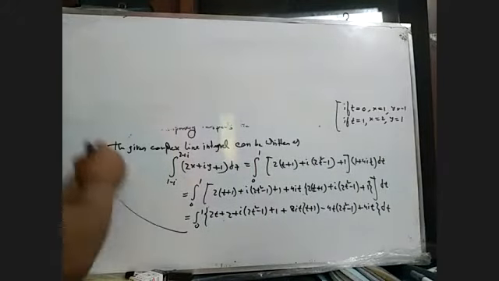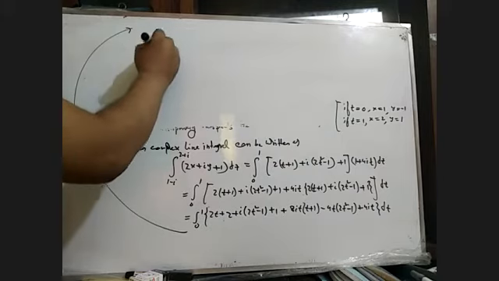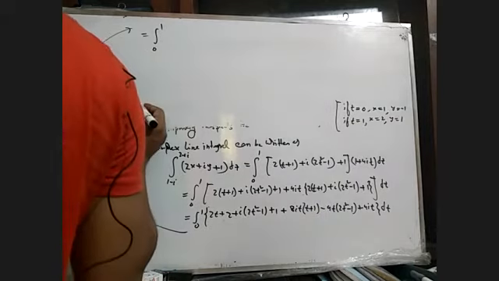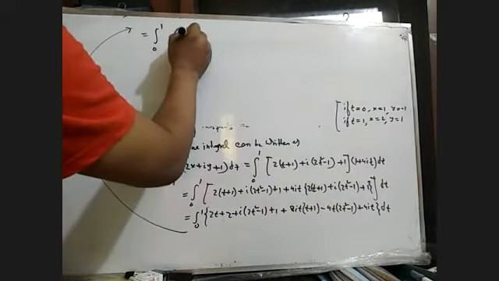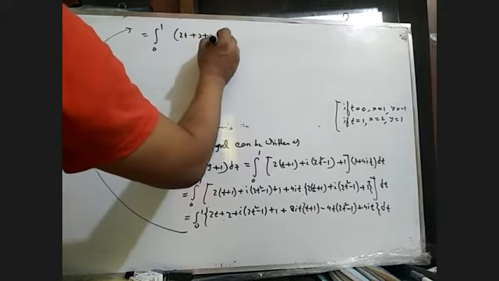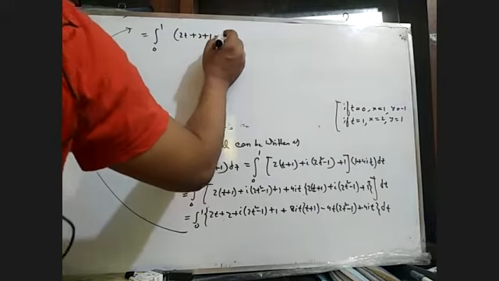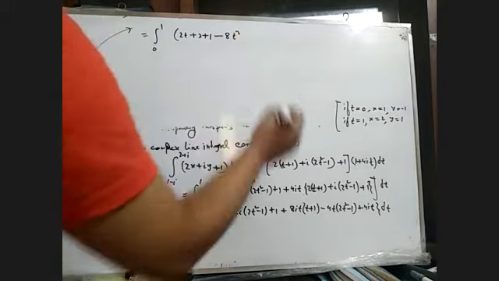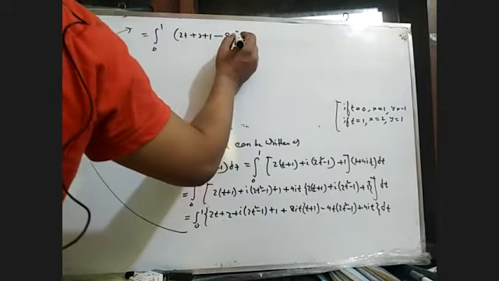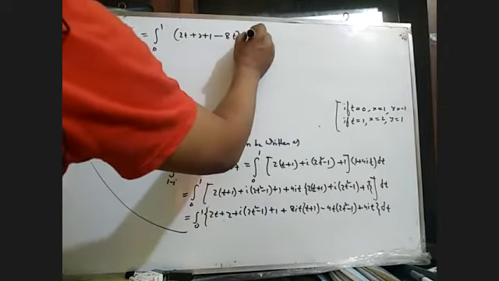So after this line, we can write 0 to 1, just summing this one, we get real part and imaginary part: twice t plus 2 plus 1 minus 8t cube, just multiplying, we get 8t cube minus 8t cube plus 4t.